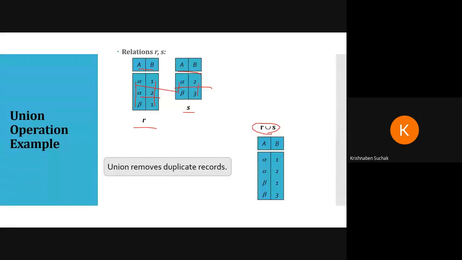Then beta 1 and beta 3. So this is our union operation. Union removes duplicate records. It has not taken alpha 2 times because that would create a duplicate record, and the operation of union is to remove duplicate records. Am I clear?